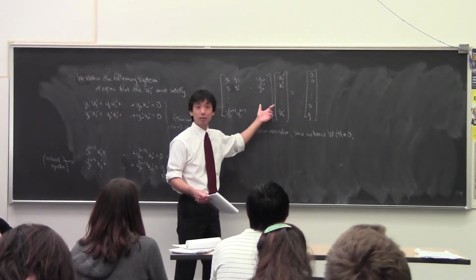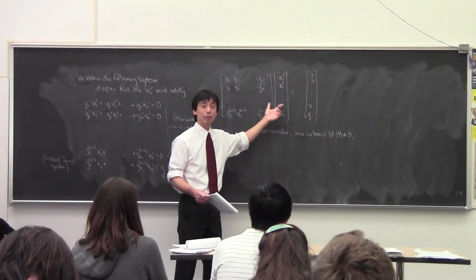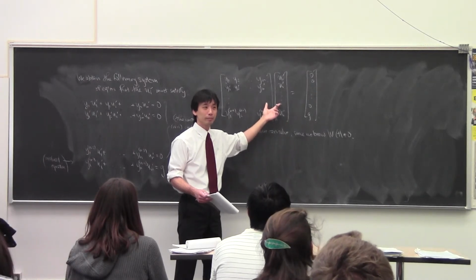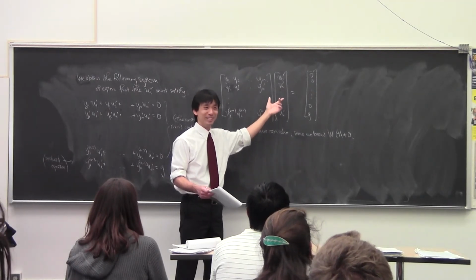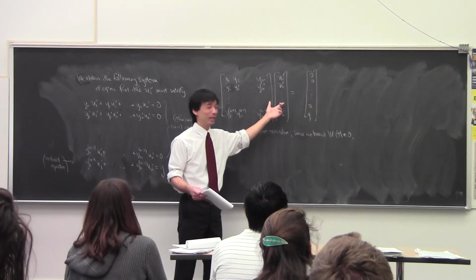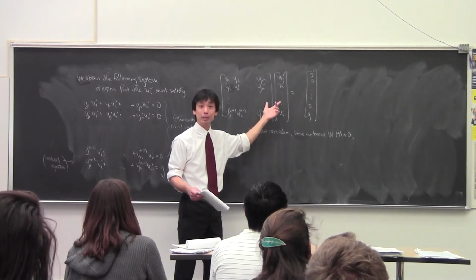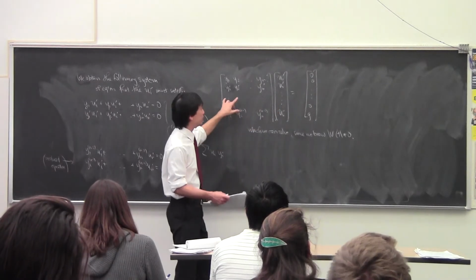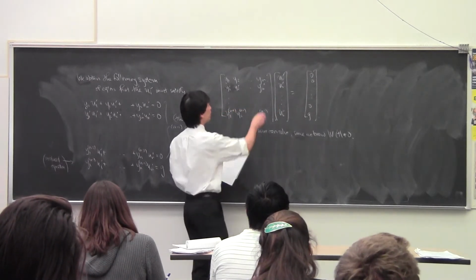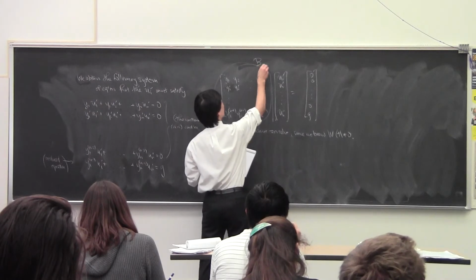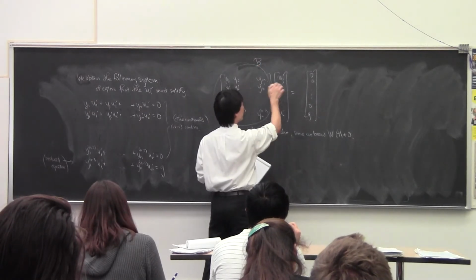I guess we don't have enough time. So what are we going to do at this point? We're not going to remember this; we're doing something equally bad, or in some sense worse. We're going to use the adjoint matrix. We're going to call this matrix B, and then we're going to invert it.